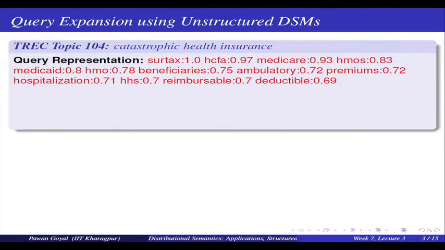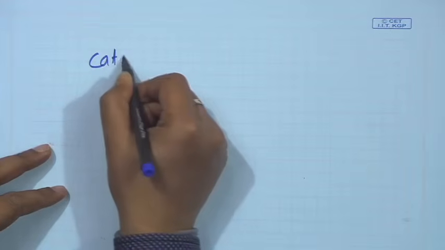So how will it look? Suppose the user gives a query like catastrophic health insurance. So what are you doing? In your distributional vector, suppose you are finding out what are the terms that are related to each of the 3 terms: catastrophic, health, and insurance. So the user has given these 3 terms.